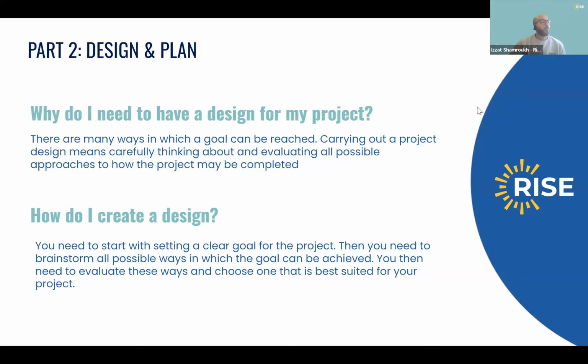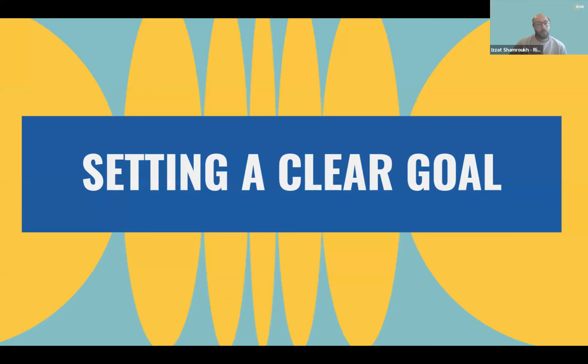So before I start with the first exercise, which is really setting a clear goal for your project, a clear goal needs to be three things. The goal needs to be short, like it needs to be one sentence that explains the goal of your project. The goal also needs to be realistic, right?